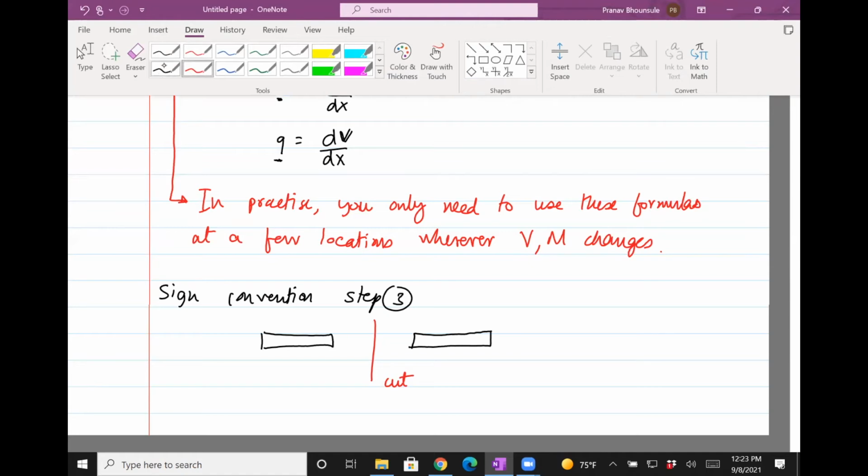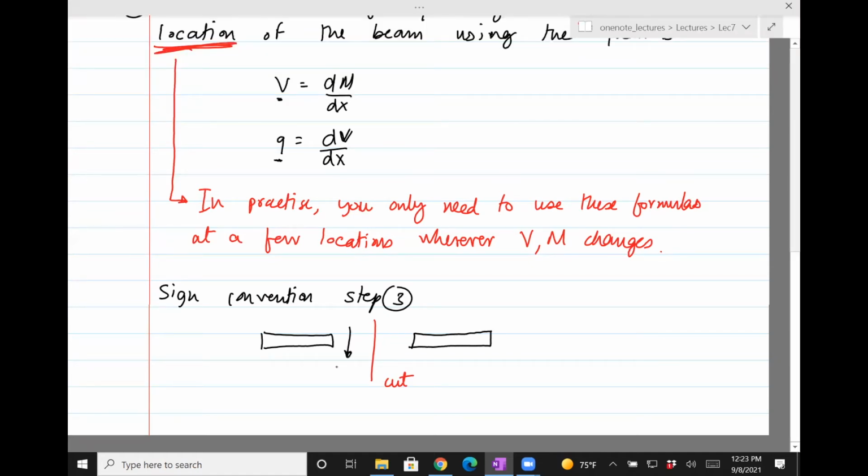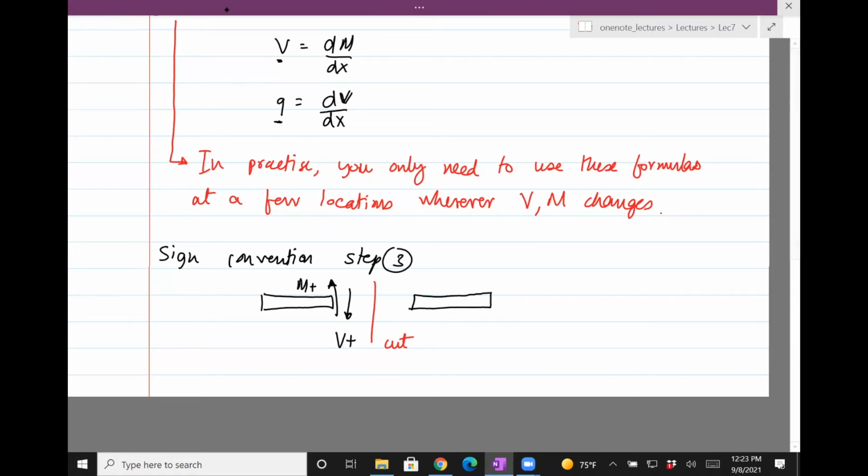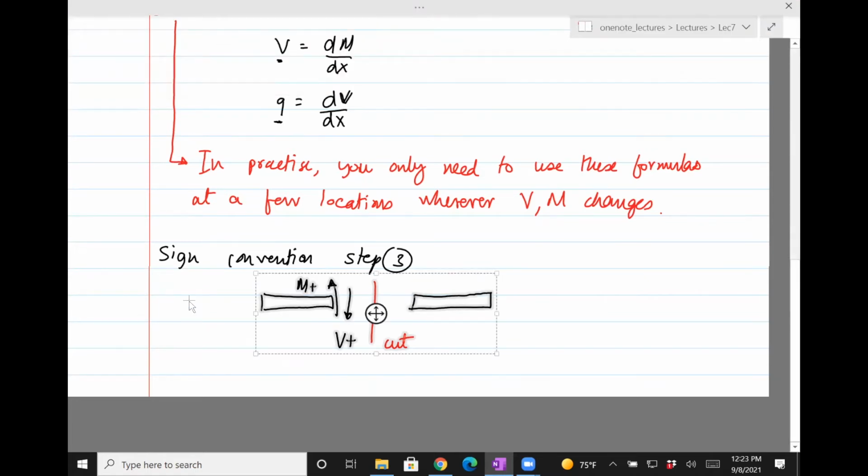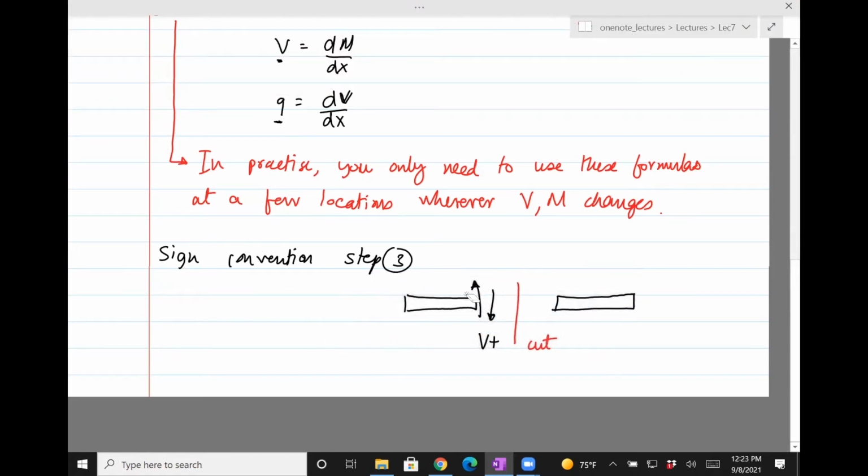If you want to go from left to right, we'll assume that V is positive downwards and M is positive counterclockwise. And on the right side, you would have V positive upwards and M positive clockwise.